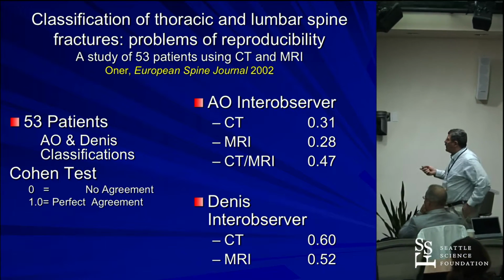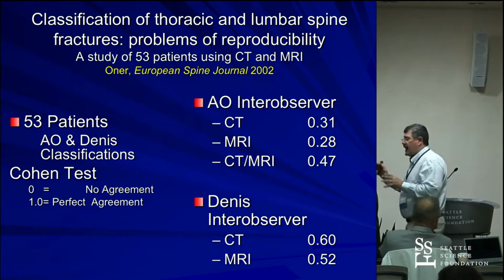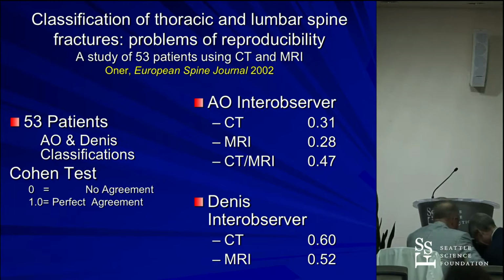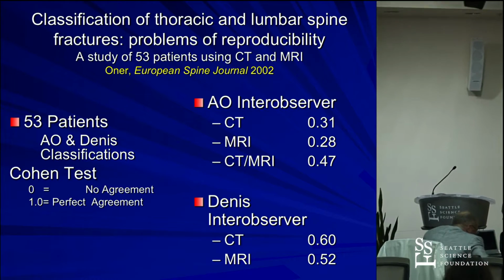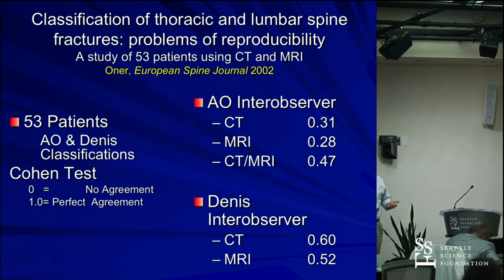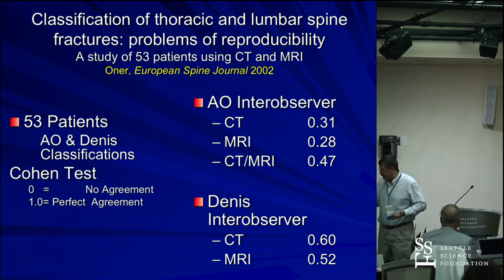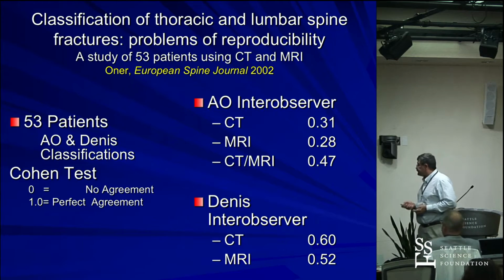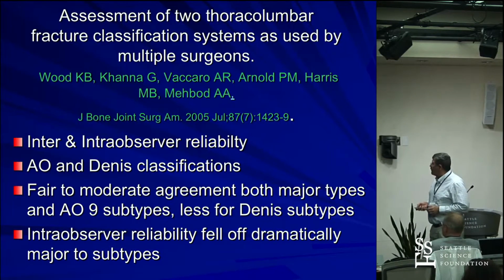If you look at the classifications, and even if you look at the Denis classification, which is relatively simple, there were sub-classifications within that. And if you look at the AO classification, what you'll see is the inter-observer reliability is not all that good. It's actually pretty poor. So even when we look at x-rays, it's hard to tell.